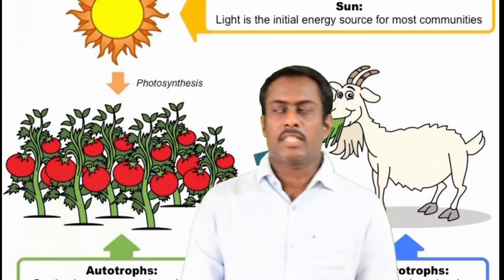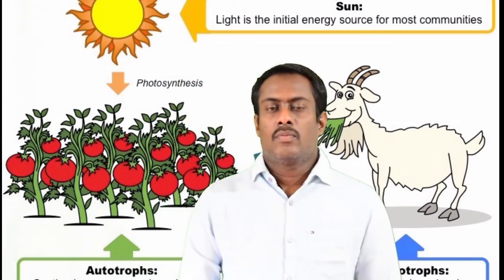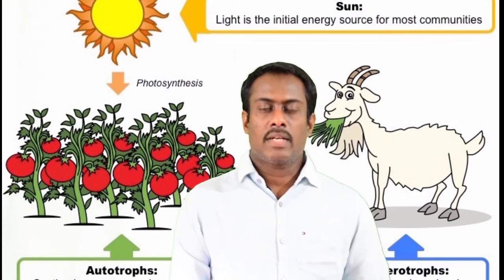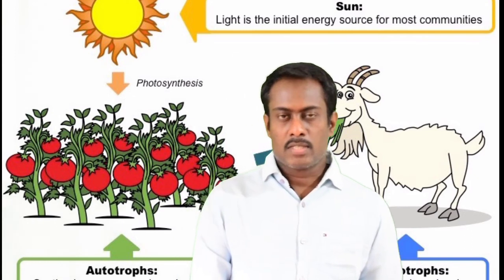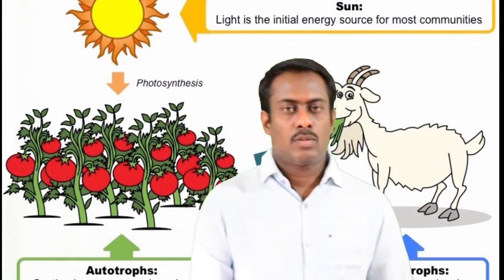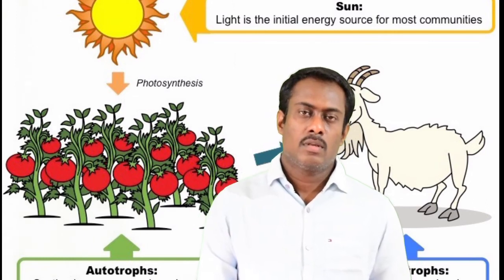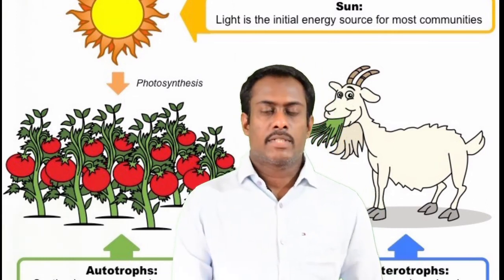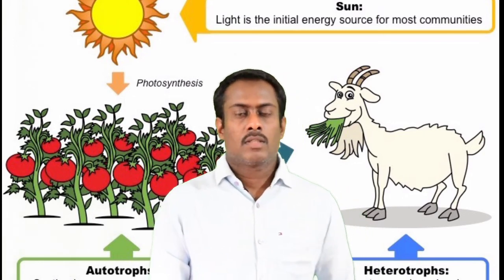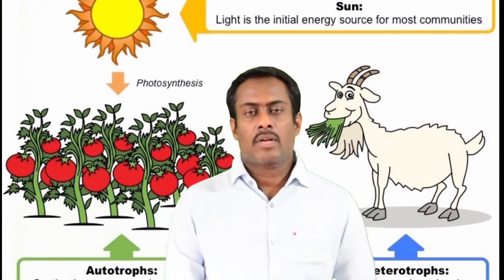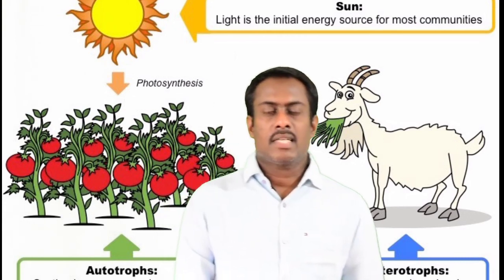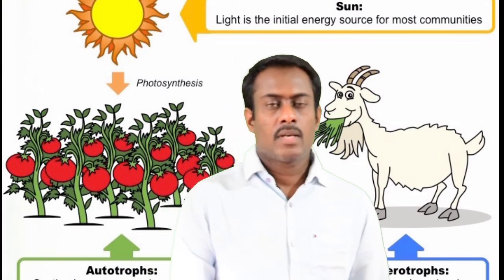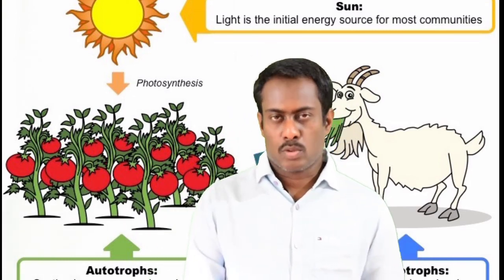The next is heterotrophic nutrition. As I said before, when organisms depend directly or indirectly on autotrophs for their food, this kind of nutrition is known as heterotrophic nutrition, and those organisms are called heterotrophs.